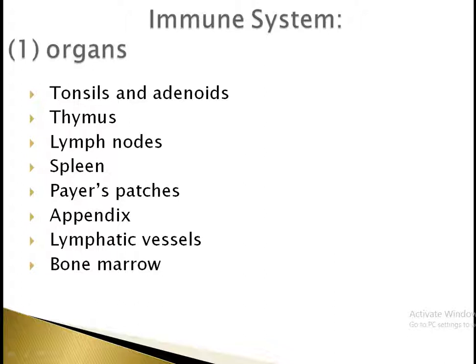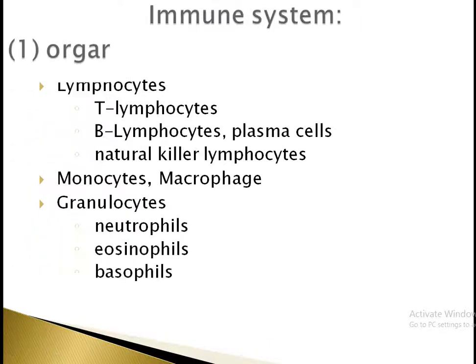These are lined by macrophages or produce a specific type of cells which are defensive in function. Regarding the cells, we have lymphocytes, B lymphocytes or T lymphocytes, plasma cells, natural killer lymphocytes. With them, we have monocytes, macrophages, and granulocytes, as we have already discussed the role of the neutrophil, eosinophil, and basophil.